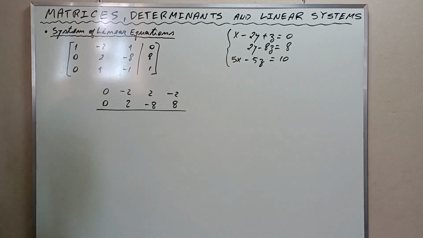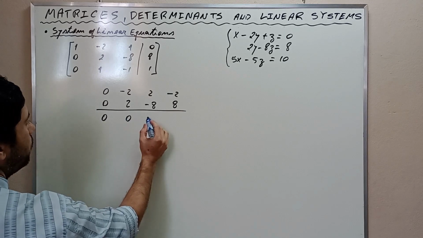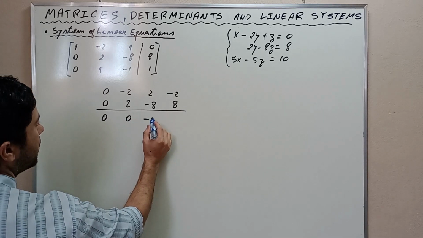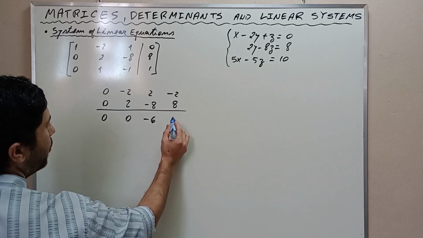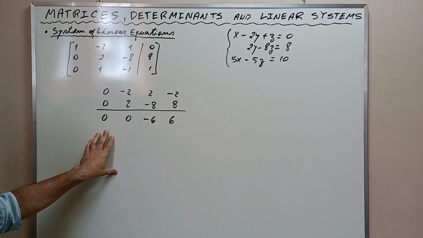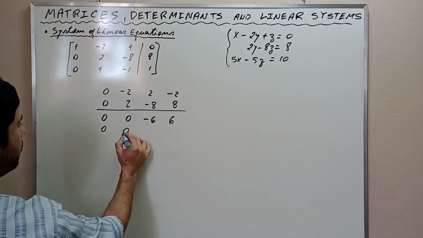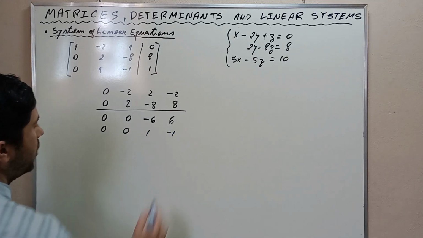And if we sum we find 0, 0, negative 6, and positive 6. We can further reduce it, make it more simple, and divide by negative 1, and we find 0, 0, 1, negative 1.